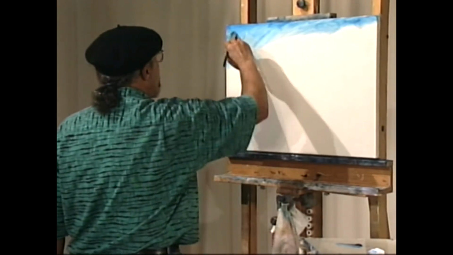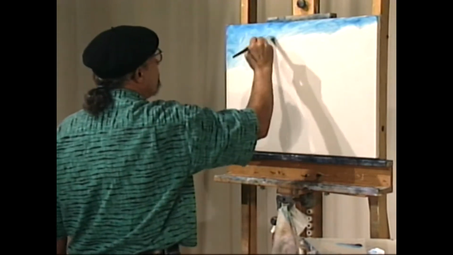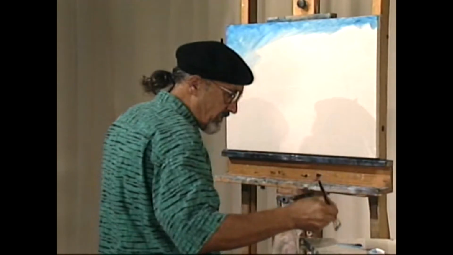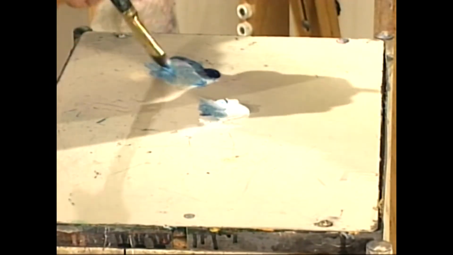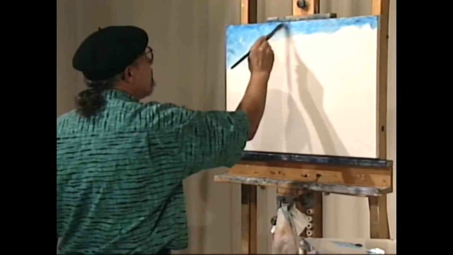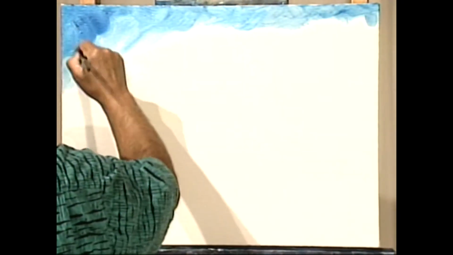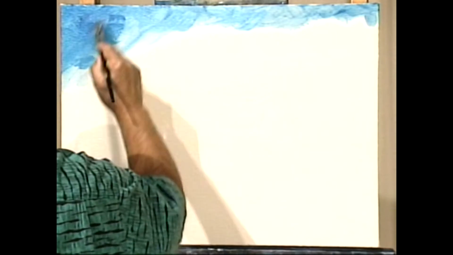Then I leave some area open for the, as you see, the brush stroke is very bold. And the corner, usually we put a little dark paint in the corner.